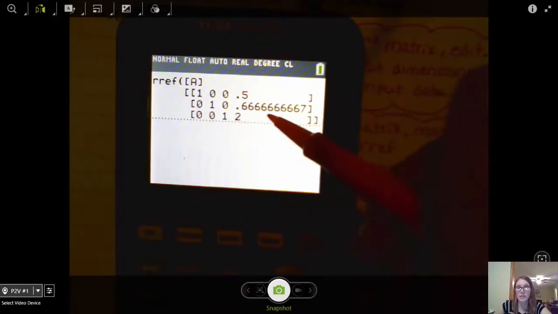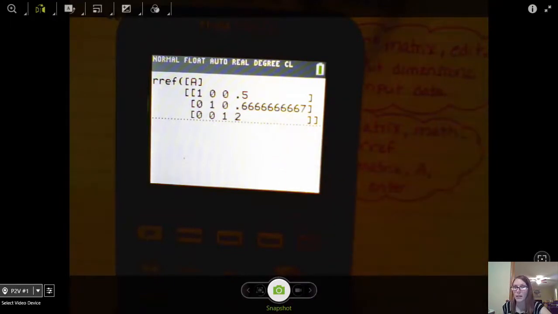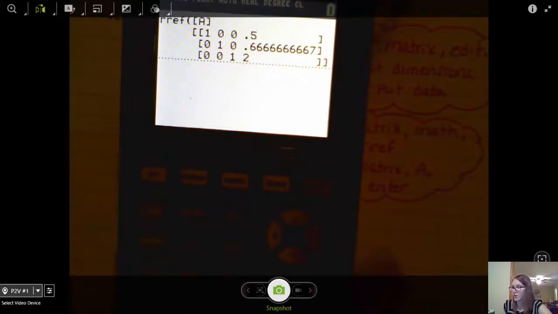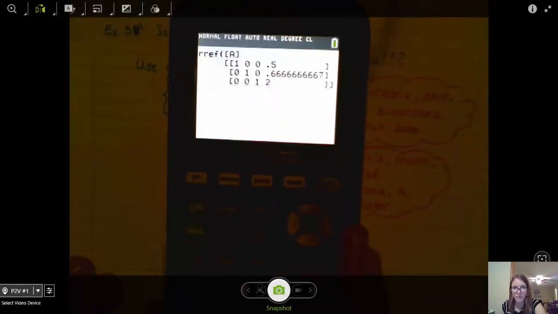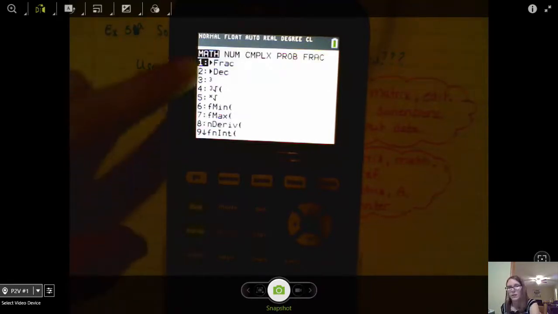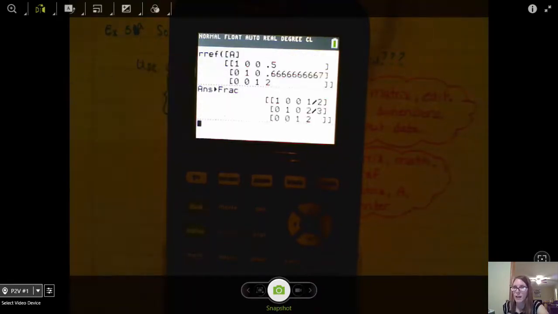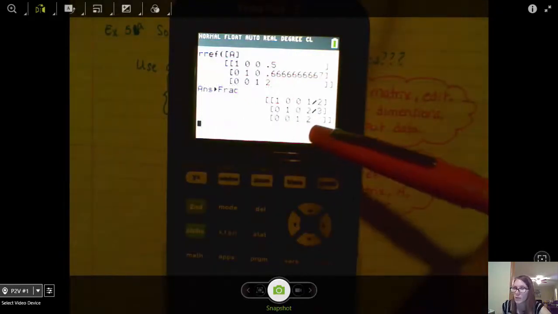If you're not sure what some of these decimals are, we can go to math on the calculator. I don't know if you guys know this trick or not. The math key right here, math, frac, and it will take everything, turn it into a fraction.